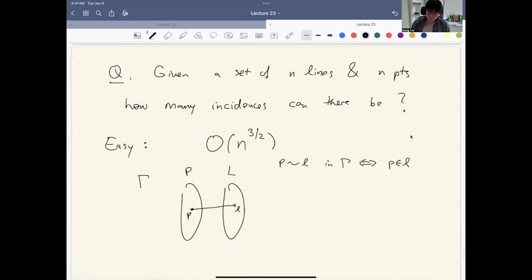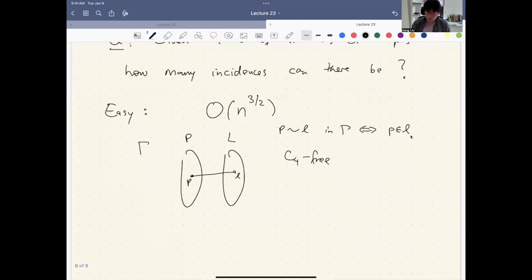Okay, for this graph, notice that it's C4-free. Why is it C4-free? Simply because every 2 points determine a line, and vice versa, every 2 lines determine a point.